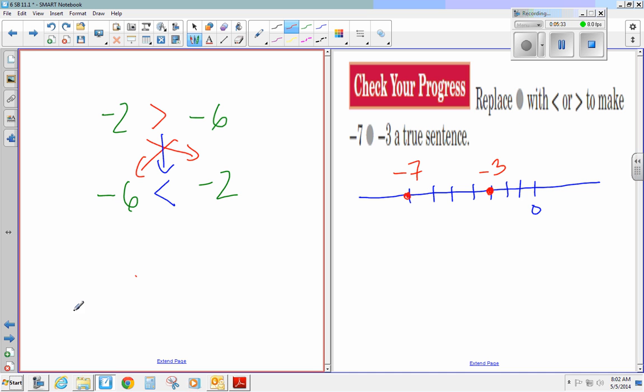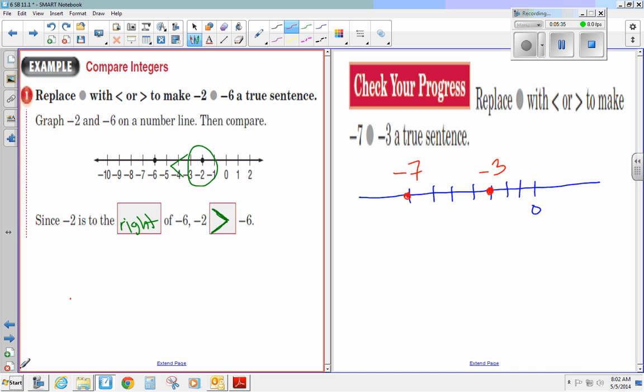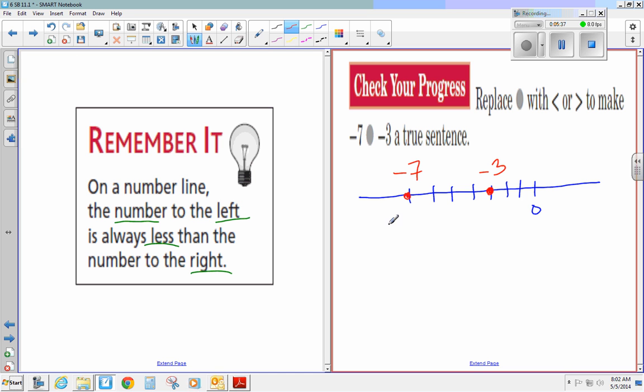Which one is to the left? Well, this is to the left, so that means negative 7 is less than negative 3. Therefore, you would say negative 7 is less than negative 3.